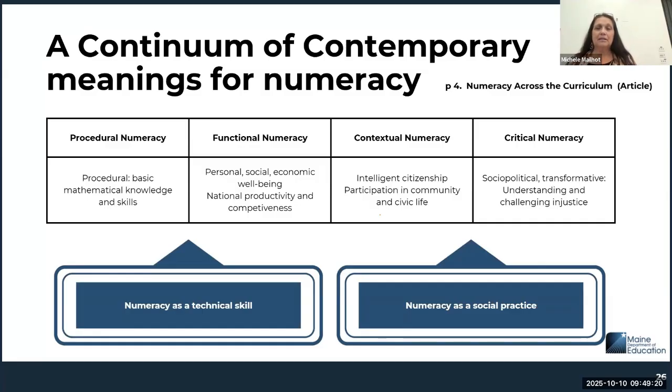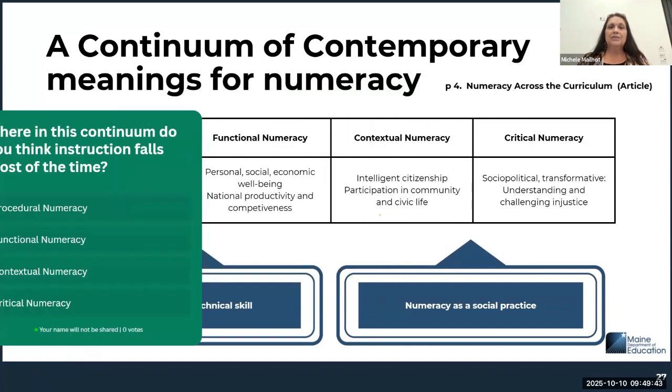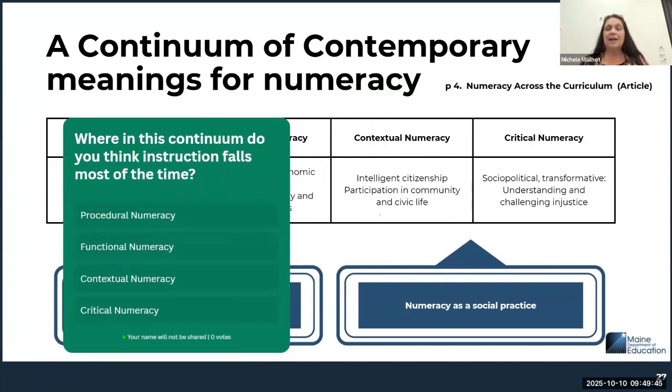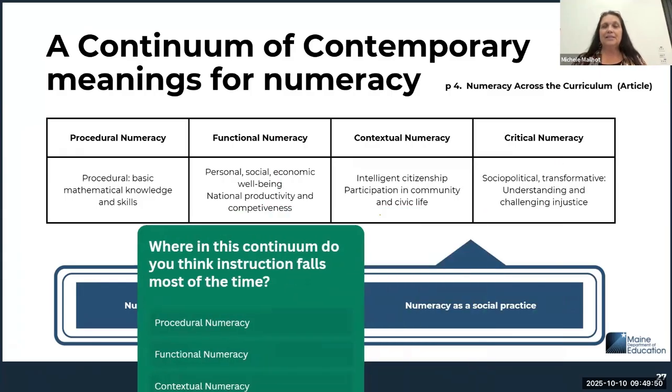And if you have access to this slide deck, you should be able to respond to this poll. Just by clicking on your choice, you can only select one. It's going to make it difficult for you to choose just one. But where in this continuum do you think instruction falls most of the time? And you can move that around so you can read them, but as you move it, please notice that you're moving it for everybody else too.